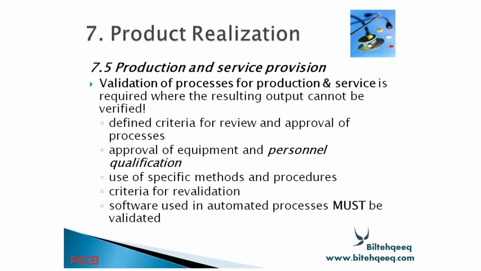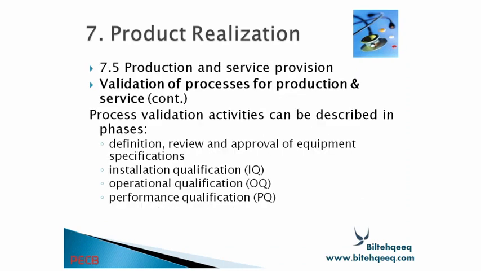So for these kinds of processes, you have to perform validation and define criteria for review and approval of the process, approval of equipment and personnel qualification, use of specific methods and procedures, criteria for revalidation, and software used in automated processes must be validated. So you have to define each and every criterion for such processes which are required to be validated.